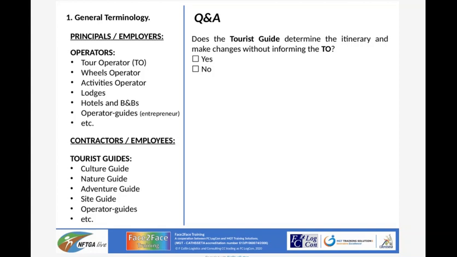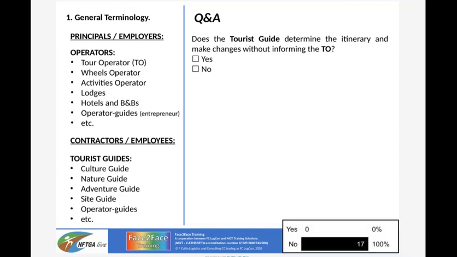So does a tourist guide determine the itinerary and make changes without informing the tour operator? Yes or no? Okay, we're at 89%. And that means Nick and just Nick, outstanding. Okay. Well, basically, the answer to this one is no. And everybody has said no.